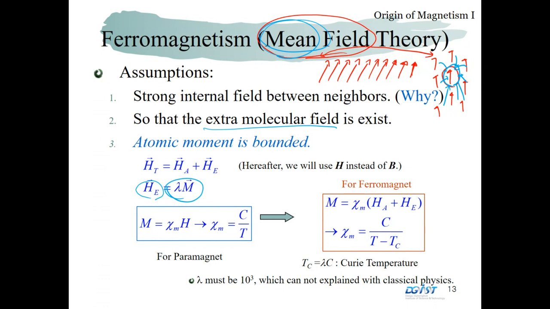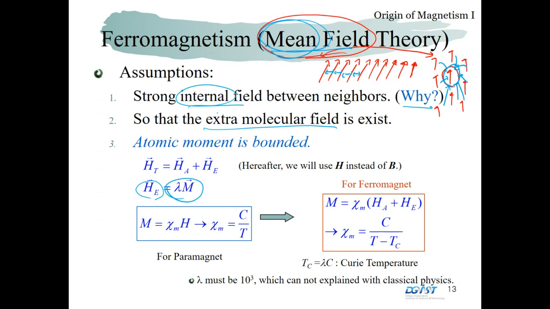Anyway, now we have an assumption: there is some strong interaction between those spins. This is an assumption. In the mean field theory frame, they don't mention why the interaction exists, they just assume there is some internal field between them. I'm going to explain why later.